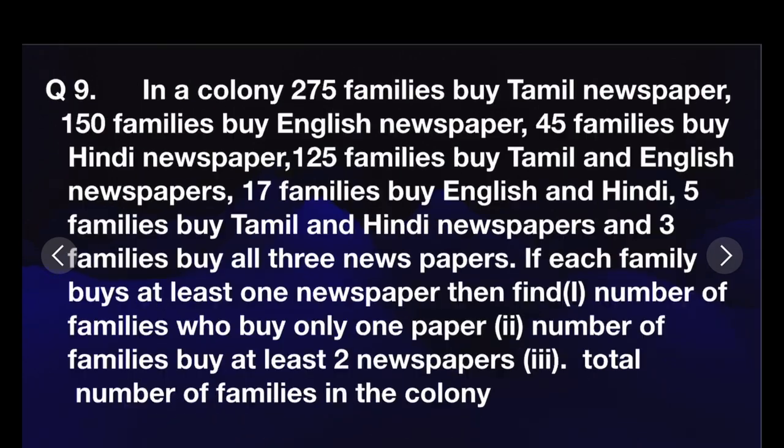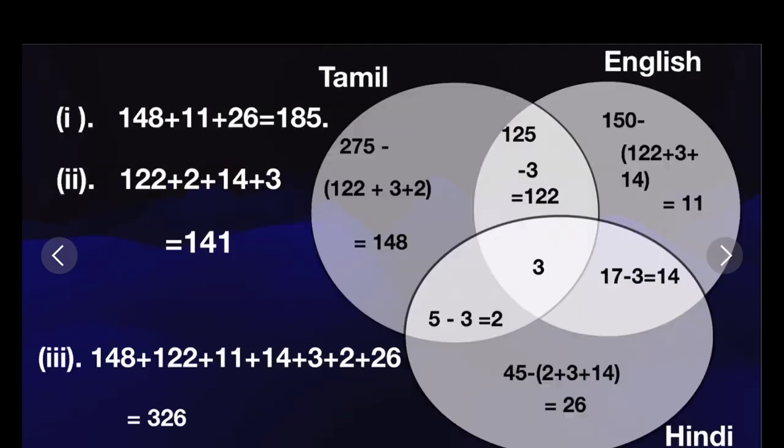Question 9. In a colony of 275 families by Tamil newspaper, 150 families by English, 45 families by Hindi newspaper. Okay, let's do this with the help of Venn diagram. So draw circles like this. These are the people who buy Tamil newspaper, English newspaper, Hindi newspaper. See here, this portion will be the people who buy all three newspapers.